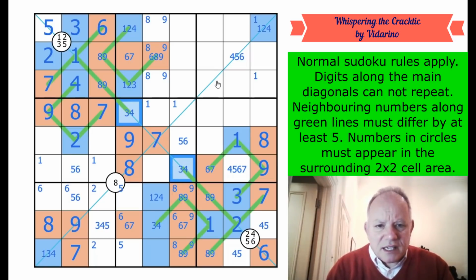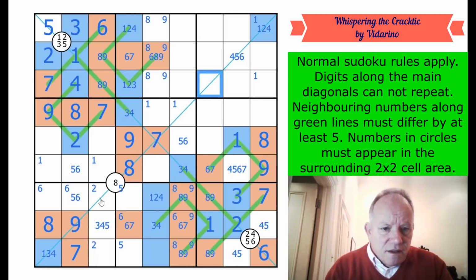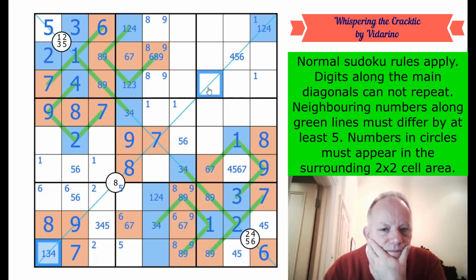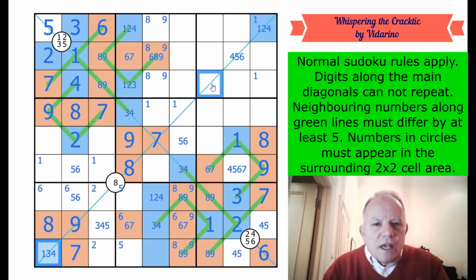Is that worth asking? There, there, or there? So I don't think it is. Oh no, not there. So 3 ends up in one of these 2 places on the positive diagonal. If it's there, that's a 3 in the box, which forces that to be a 3.